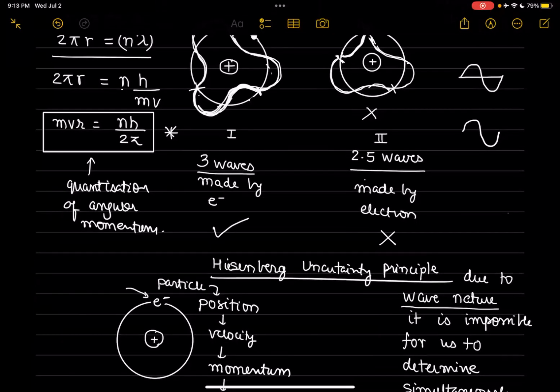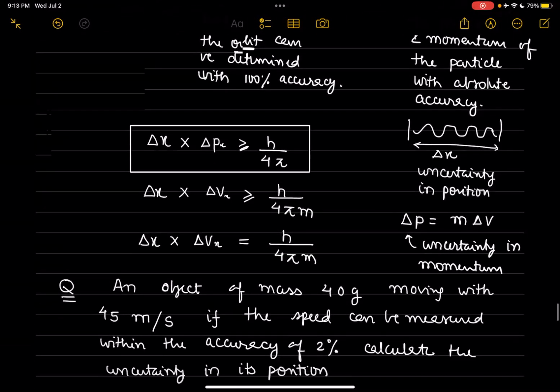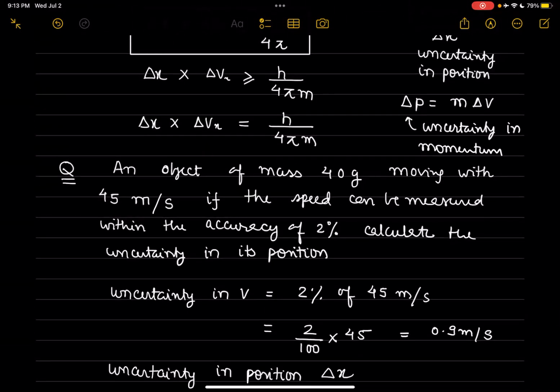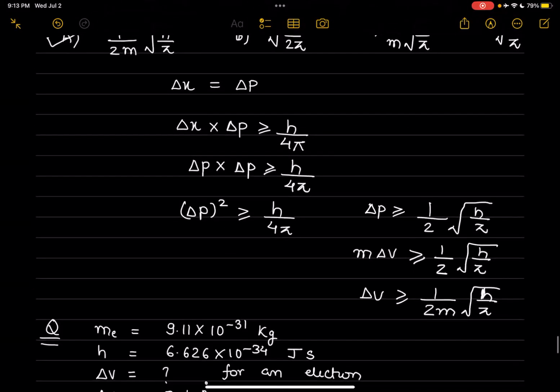Actually that was the quantization of angular momentum. So it is because of the wave nature that not any orbit can be selected, only those where it is an integral multiple. Got it? Is it clear or not? So everything will change as per the quantum theory.